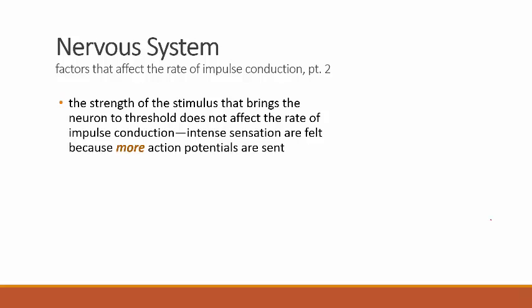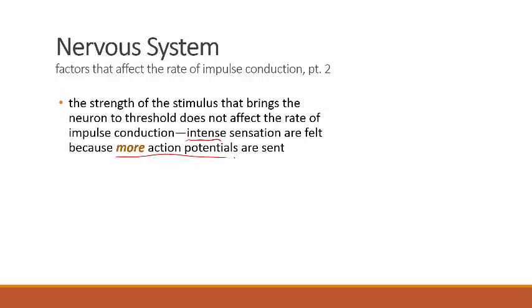Okay, so what other factors might affect the rate of impulse production? Well, the amount of stimulation that's being received. For instance, the amount of pain or the amount of pressure that we feel, these sensations are more intense if more action potentials are being sent.